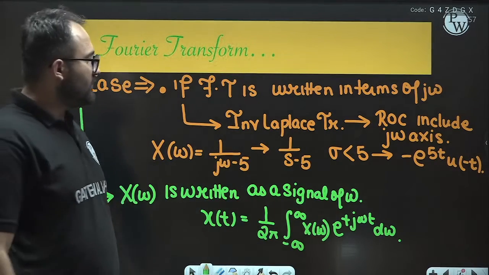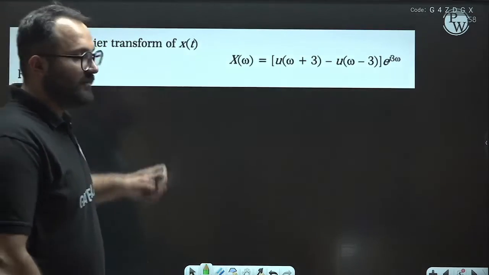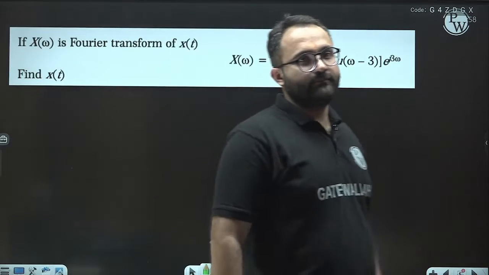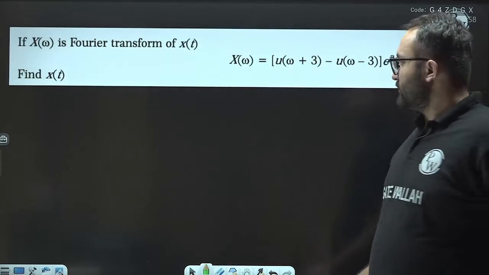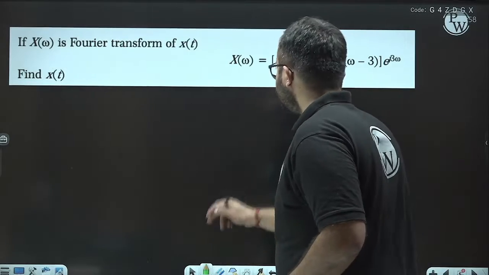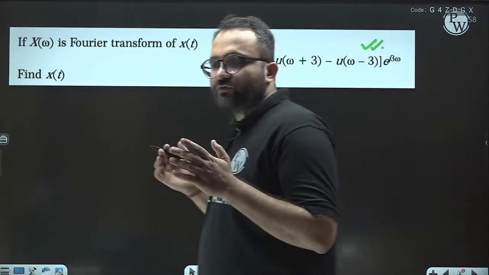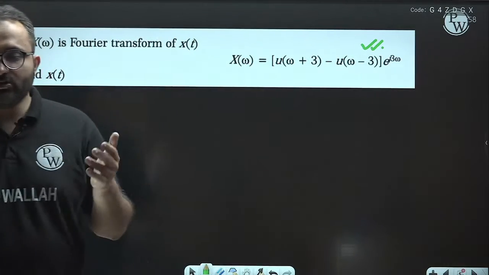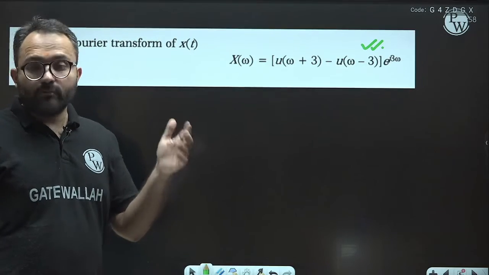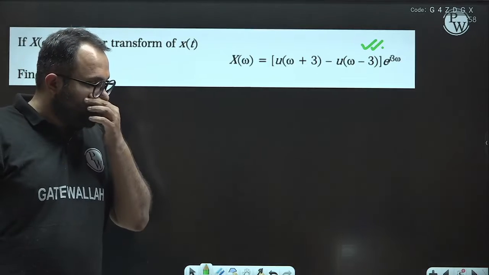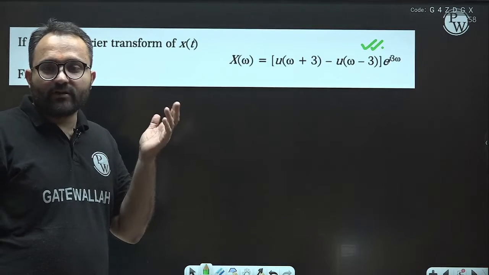I hope this is clear to all of you. I have one more example here for more clarity. Here we can see that the Fourier transform is not written as a polynomial function of j omega, so we cannot use the inverse Laplace transform or case 1.